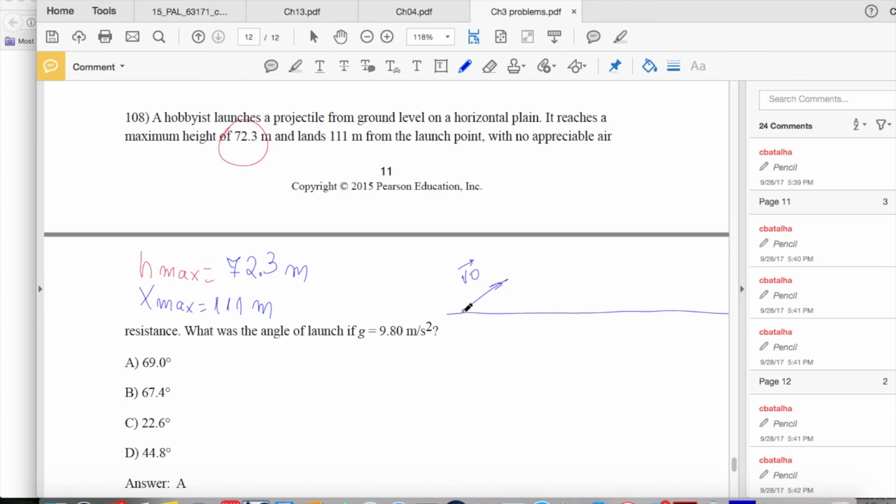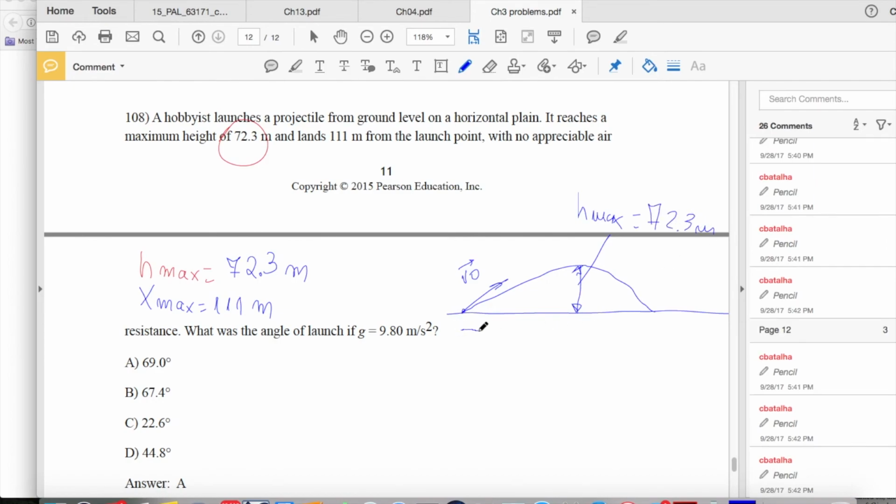But we know it goes like this, reaches maximum height, and then falls down. So this is given. This is given. And not only that, this is also given, 111 meters.